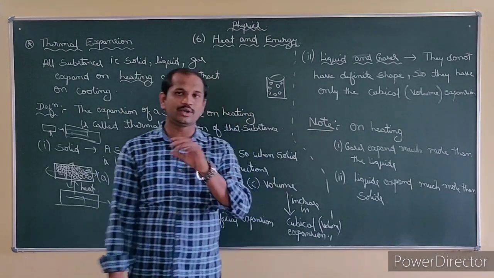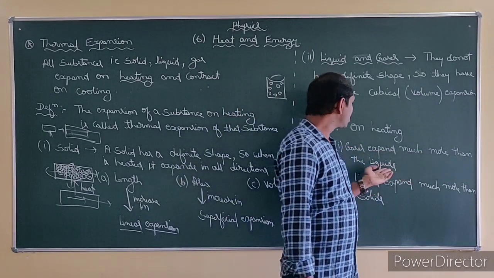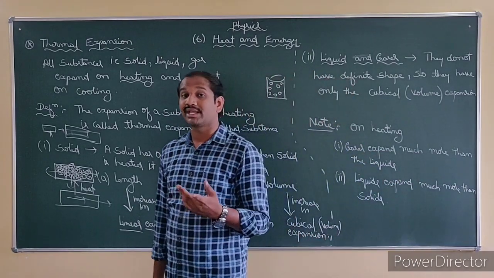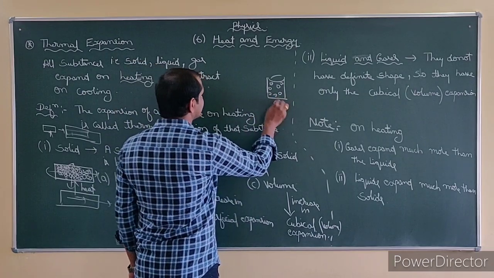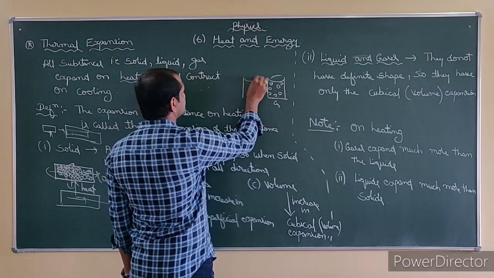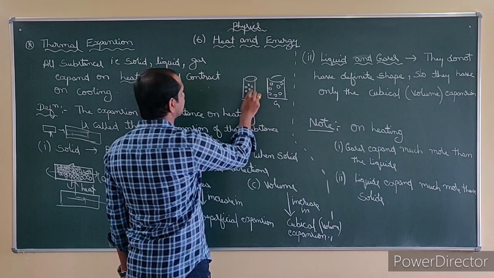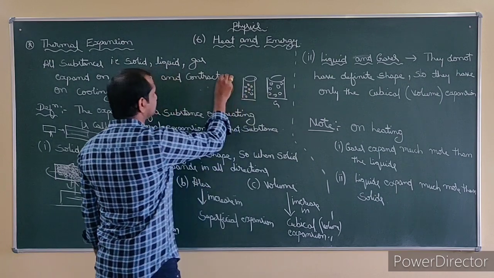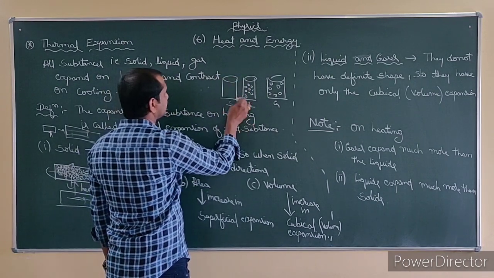So now on heating, gases expand much more than liquids. Why? See, solid, liquid, gas when you consider. Think this is gas. We have liquid a bit closer than the gaseous. We have solid, liquid and gas.